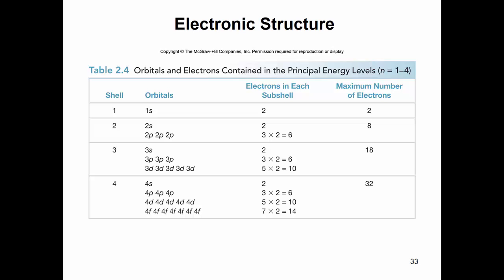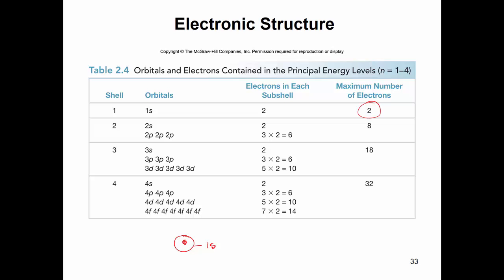Okay, in the first energy level around the nucleus, there is only one S orbital. Okay, each orbital holds 2 electrons. So if there's only one orbital in that whole energy level, then it can only hold 2 total electrons, just like we just said.